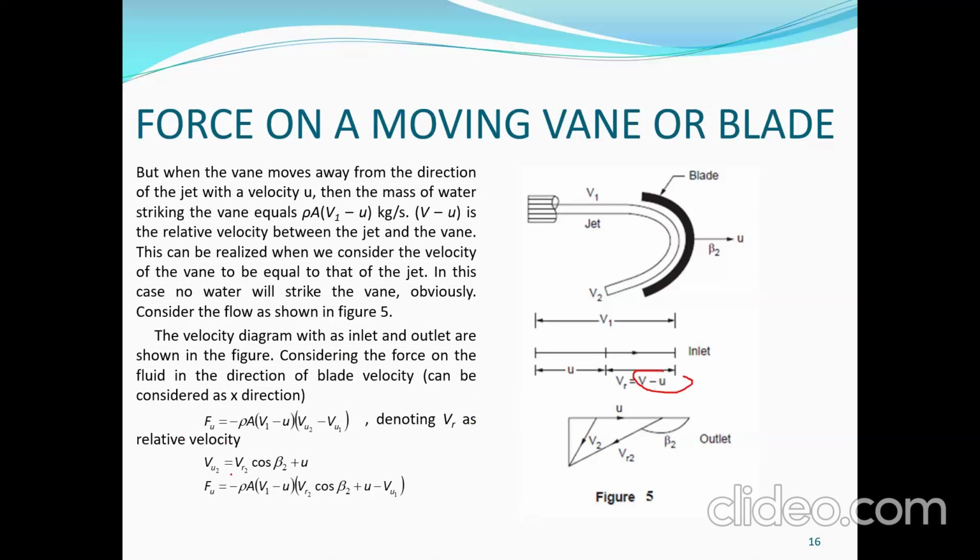So Fx is equal to negative rho A times V1 minus U times VU2 minus VU1, denoting VR as the relative velocity, which is V1 minus U. So VU2 is equal to VR2, yung derivation nun nasa ibang slide. So VR2 cosine beta 2 plus U. Diba dito? VU2, ito yung VU2.